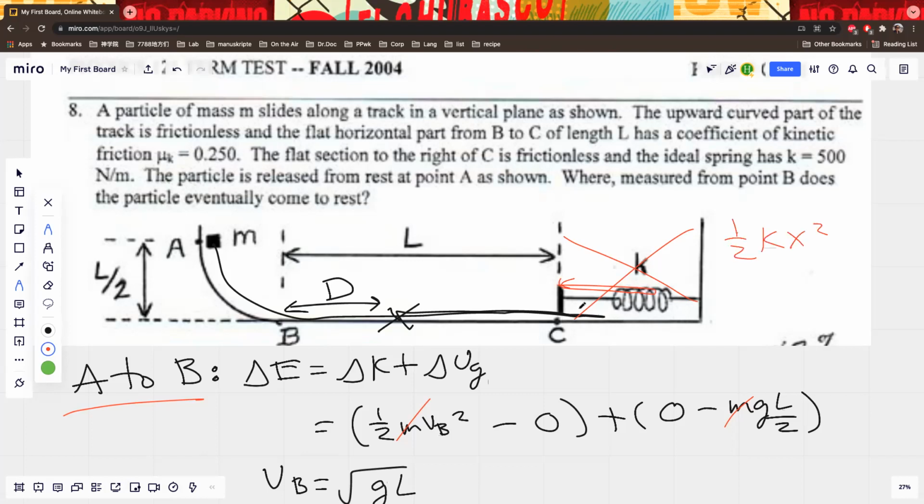Whatever x, you're going to lose kinetic energy in order to create spring energy. But then the same spring energy that you just created from velocity is going to be used to give you velocity again. So it's reused.